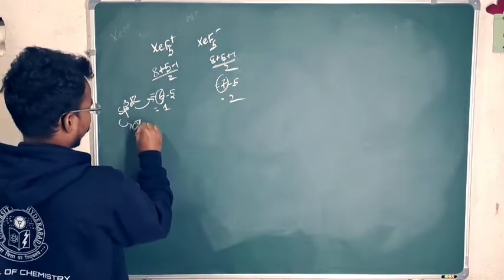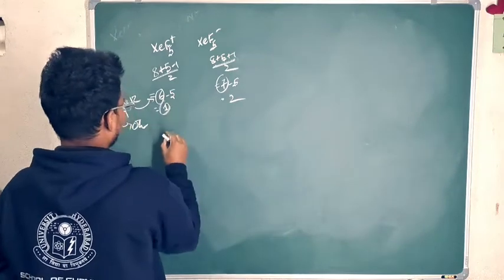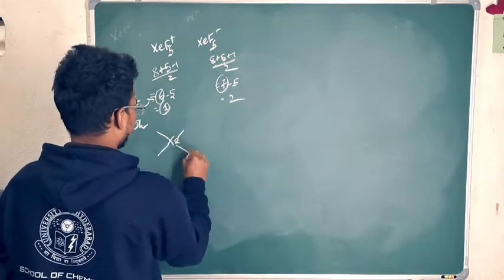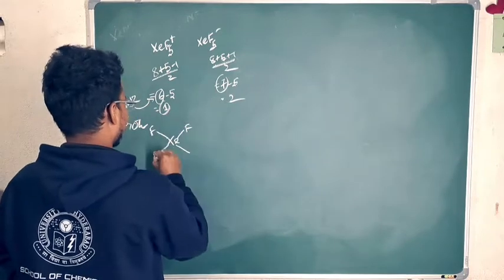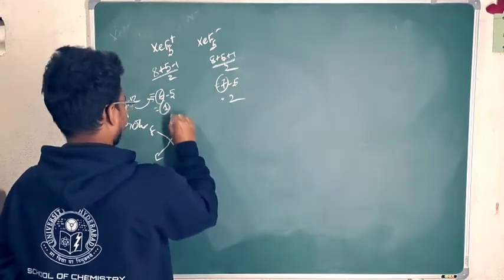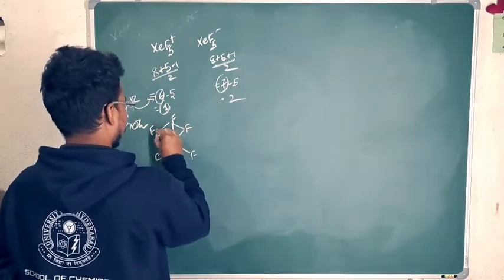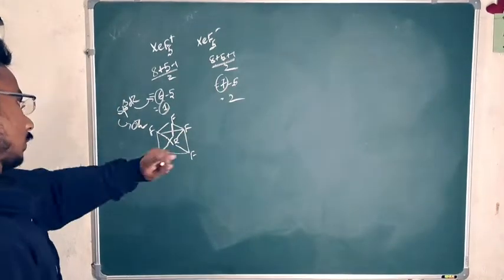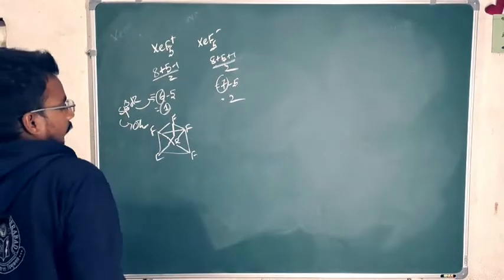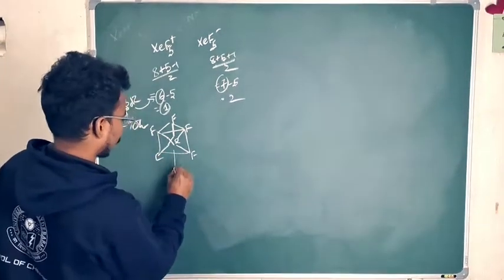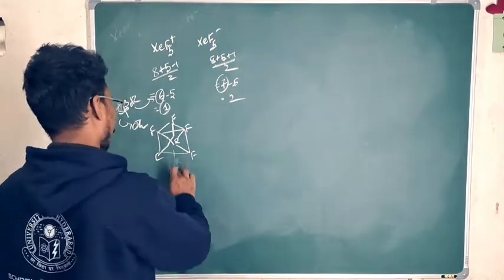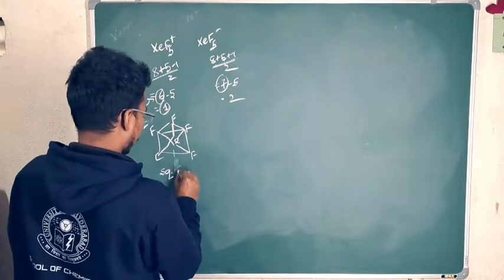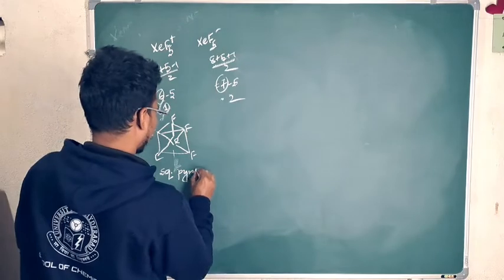It will be octahedral, but 1 lone pair is present, so it will be like this. What is the shape? If it were there, it would be octahedral, but it is not there, so the shape is square pyramidal.